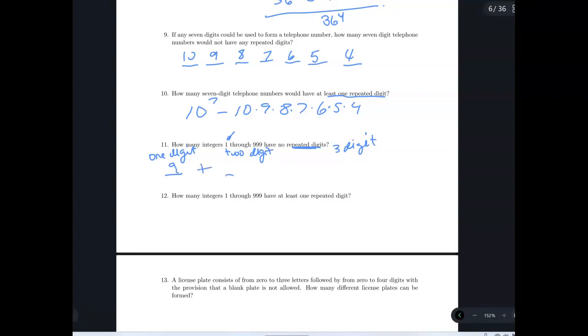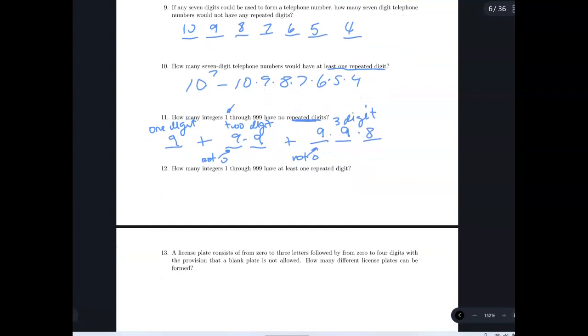Okay, 2-digit integers. I want to say for sure this cannot be 0, so there's 9 choices here. And then here, whatever I used here, I can't use here, so there's 9 times 9. Okay, so again, not 0 here, so I've got 9 choices here. I've used 1 digit, so I have 9 there and then 8.